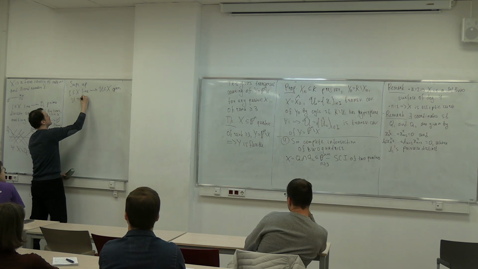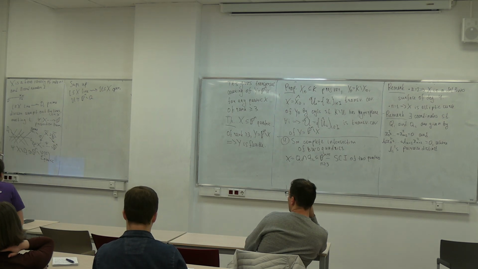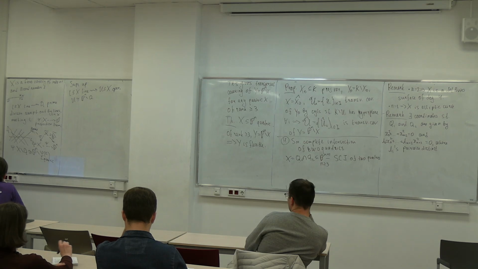U is isomorphic to Pn without a quadric. And what we do is we prove that there are enough of these divisors. So those U cover X.